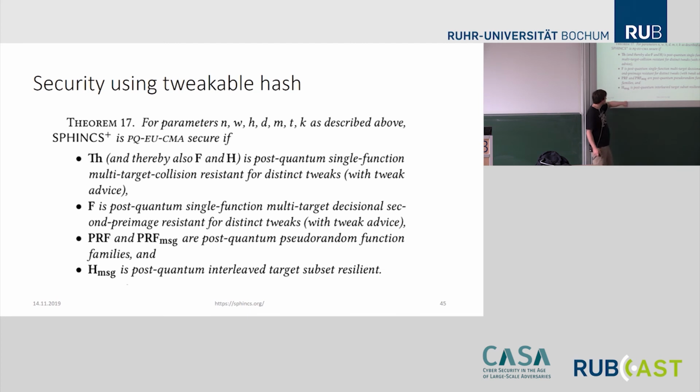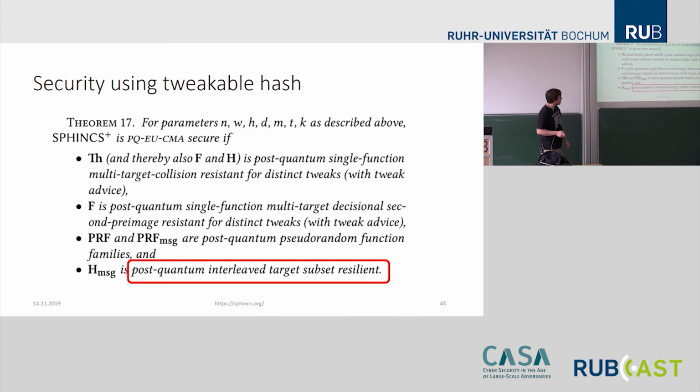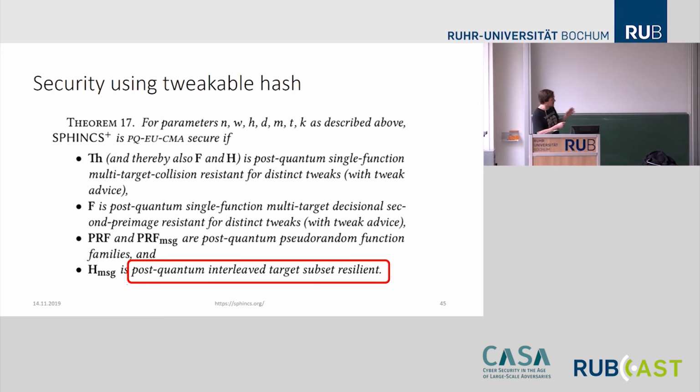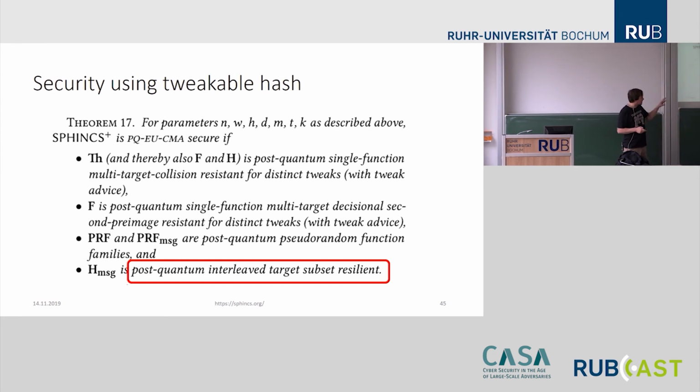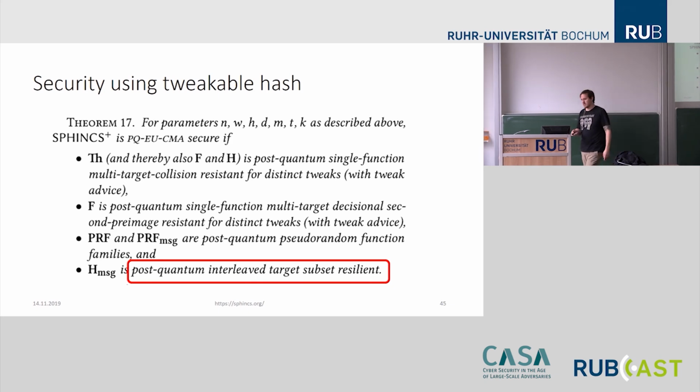And then in addition, we need this post-quantum interleaved target subset resilience, and this is essentially this computational version of subset resilience. But yeah, I will not go into the details of how it works in this case. There are a few more things with this verifiable index selection which play in there and make it not just target subset resilience, but even something a bit stronger.